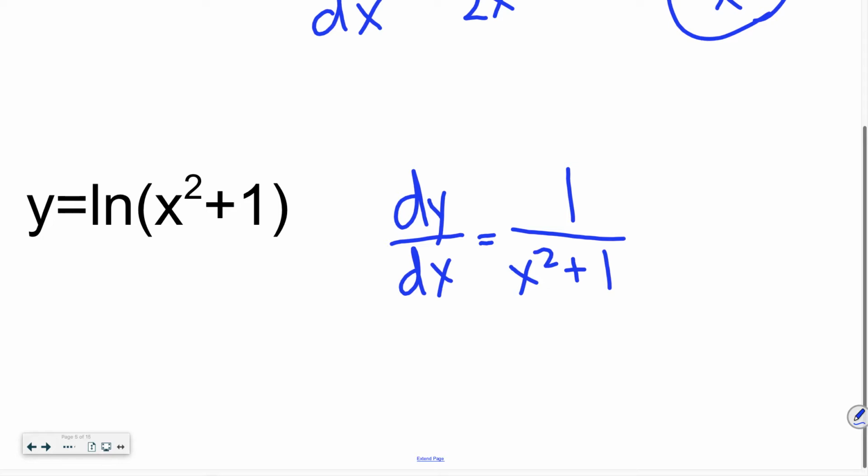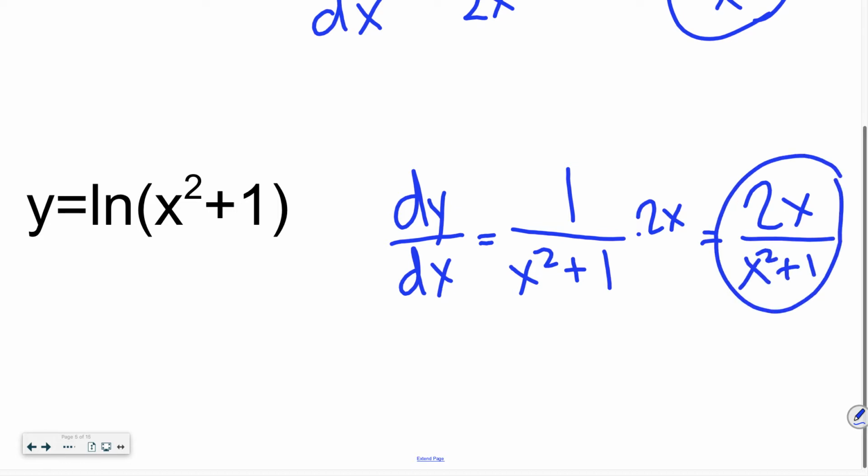But what's the derivative of x squared plus 1? So we have 2x over x squared plus 1. How was it without training wheels? Okay. And what happens if you fall over? Just get back up. Get back up and you try again.